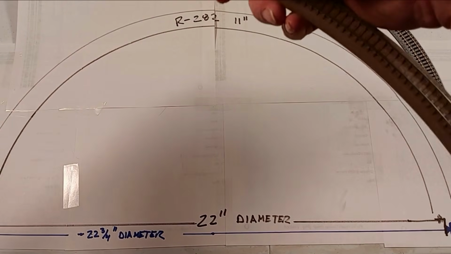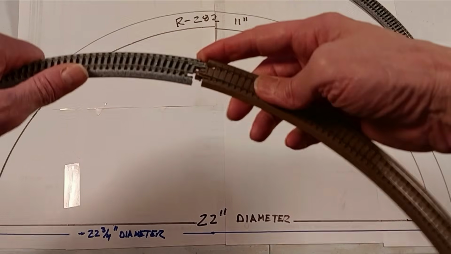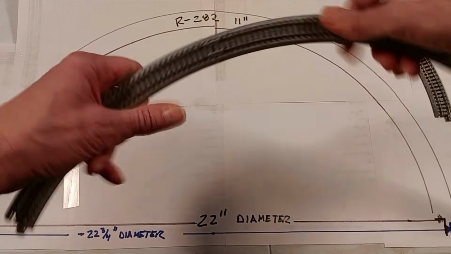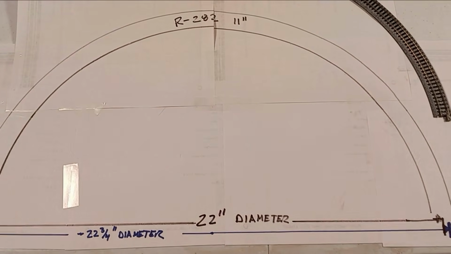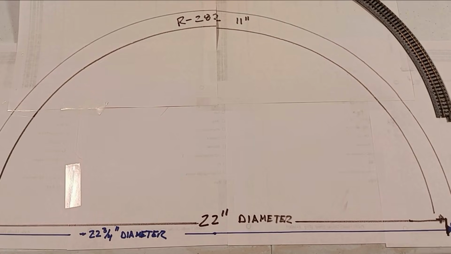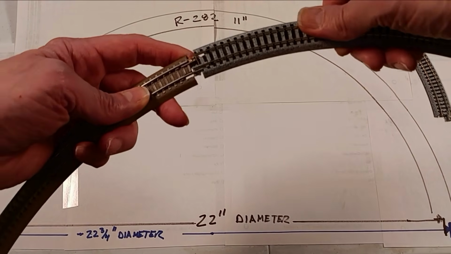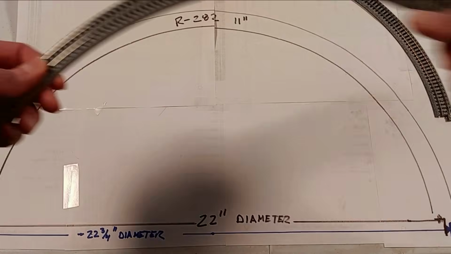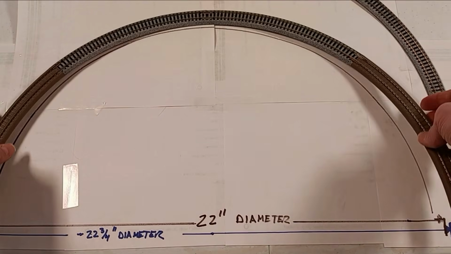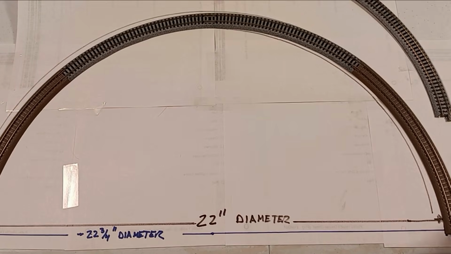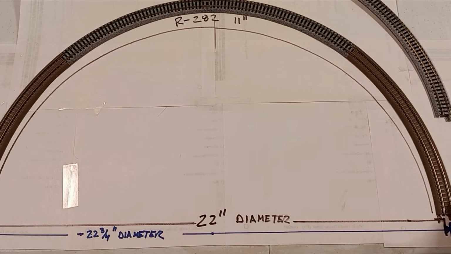So then simply all we're going to do is replace the end curves, the curves 1 and 4, with this larger radius curve. And then we're going to put this on.